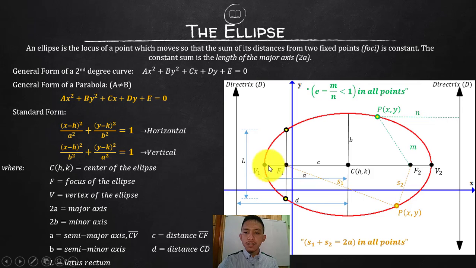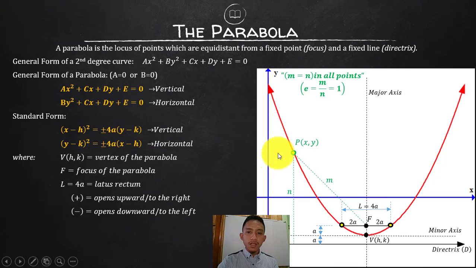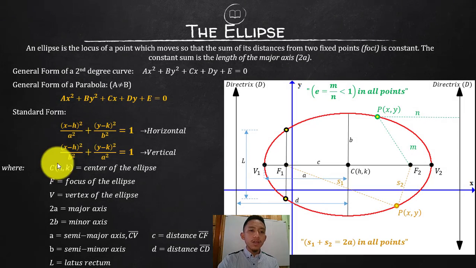A is your half of the major axis, B is your half of your minor axis. So actually, in a parabola, for us to know if that is vertical or horizontal, you can look at the x and y squared. It depends on which one is squared. For an ellipse, that depends on whose denominator is bigger.